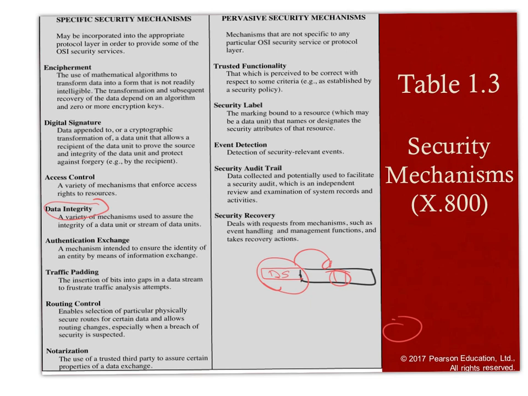Event detection is usually based on some audit logs. Event detection is a mechanism which can be used to detect a certain security event or security breach. This mechanism looks at the audit logs, the security audit trail. Security audit trail on its own is a mechanism which maintains the security audit logs.